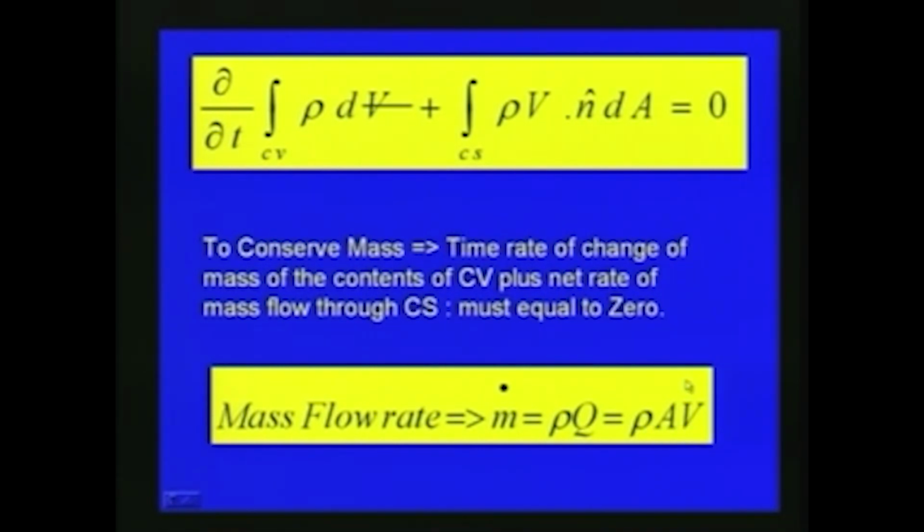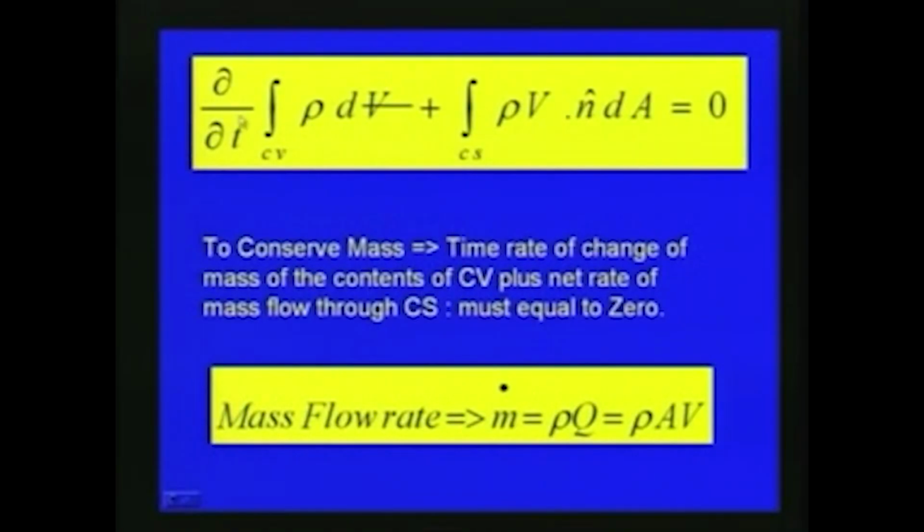So the continuity equation from the integral approach is described by the Reynolds transport theorem: del by del t of the integral over the control volume rho dV plus the integral over the control surface rho V n dA. This gives the integral form of the conservation of mass, or the continuity equation.